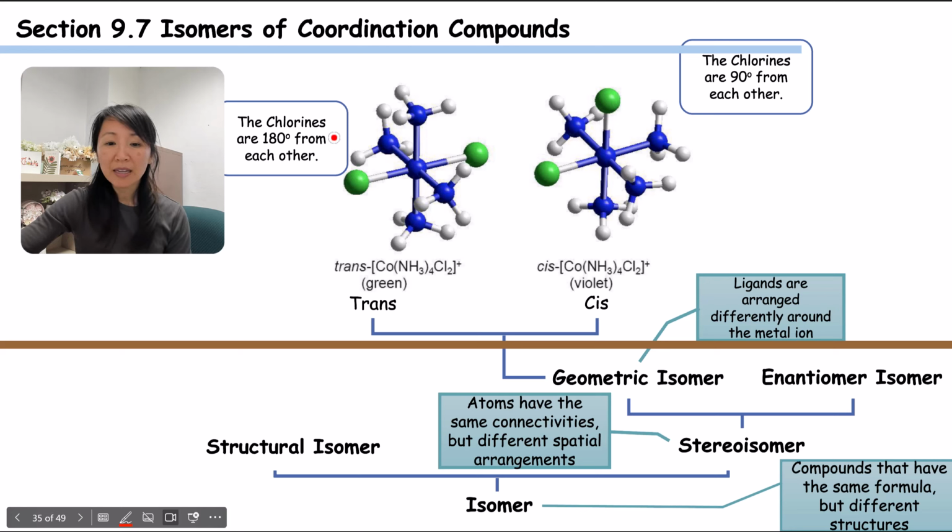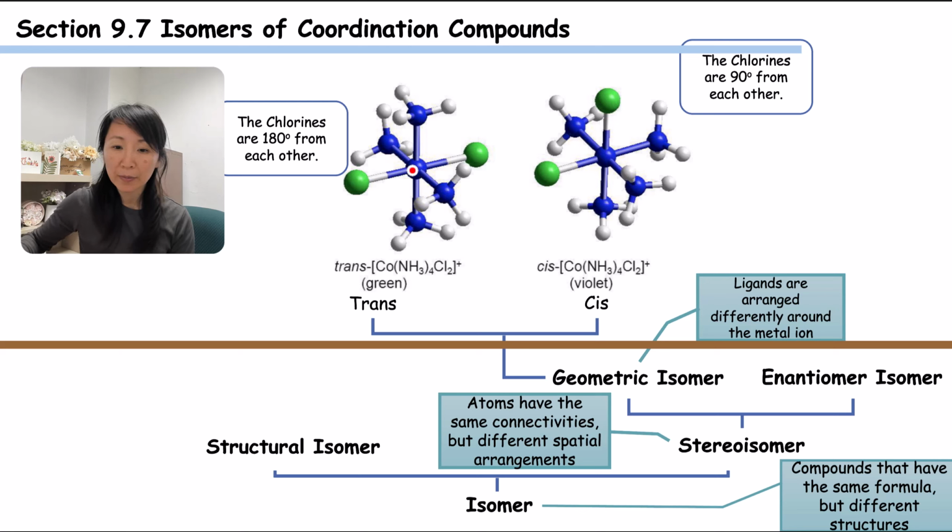So something like this. This one has cobalt in the middle, they're both cobalts in the middle, and the green one represents chlorine. The rest of the ligands represent NH3.